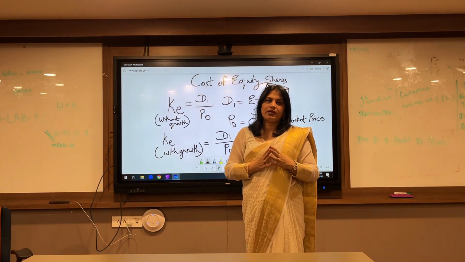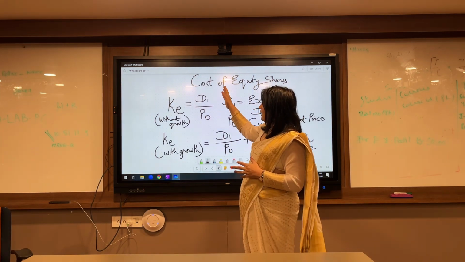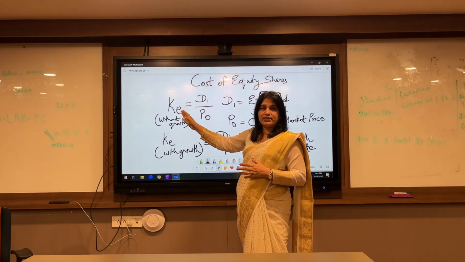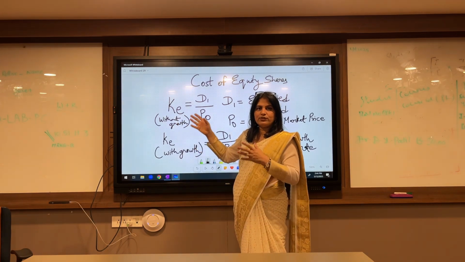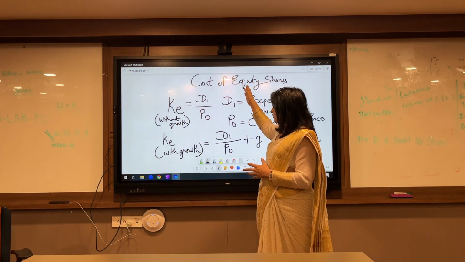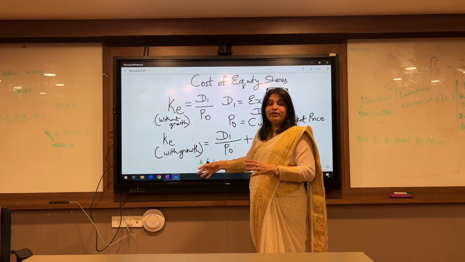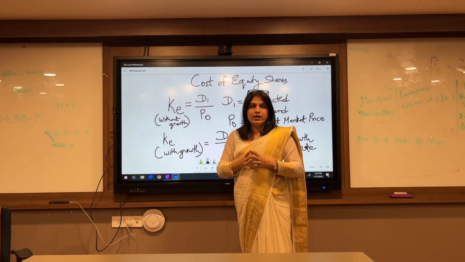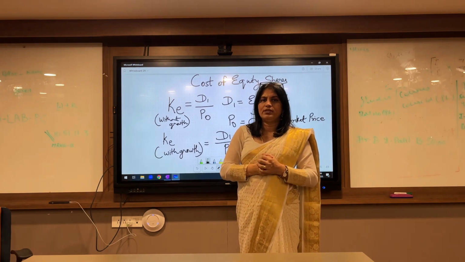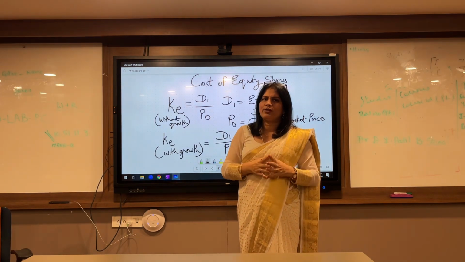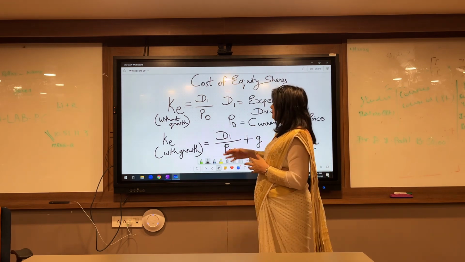The first aspect is calculating cost of equity, that is KE, without growth. The other aspect we can focus on is cost of equity KE with growth. Now, as I said, expectations determine the cost of equity.